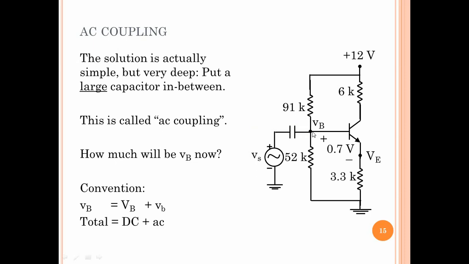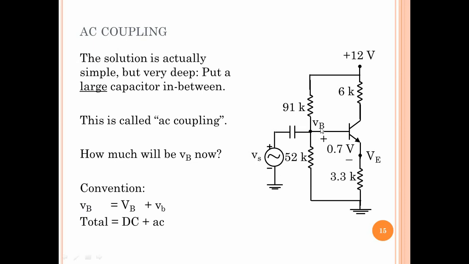Given this, now let us see if we can find the voltage here. How do we find this voltage? By the way, before I go there, I want to establish a convention for various variables. Small v capital B is the symbol I will use for the total voltage at any node.